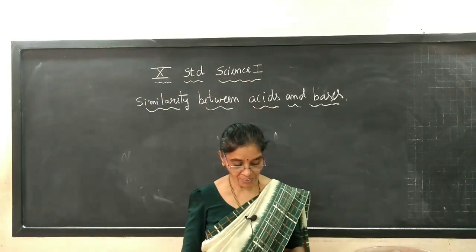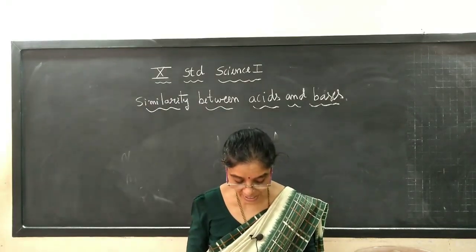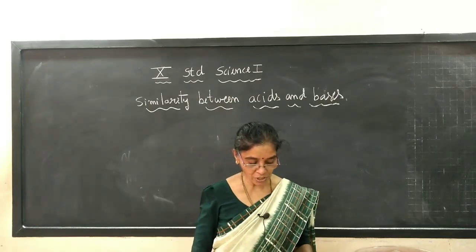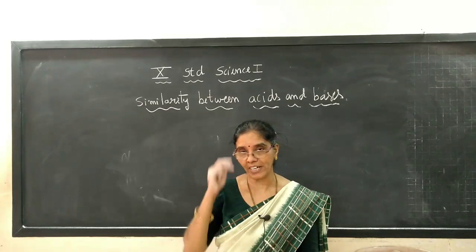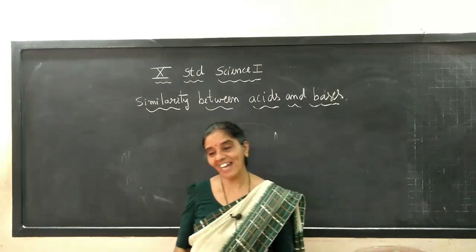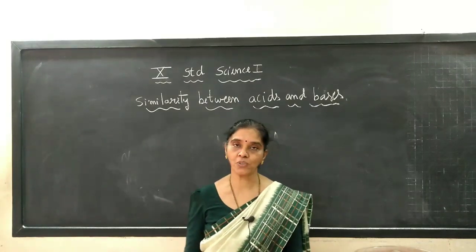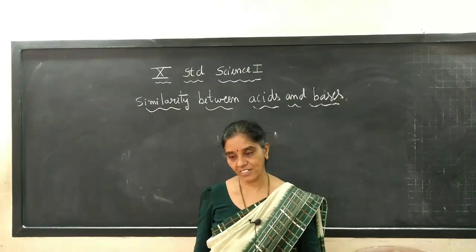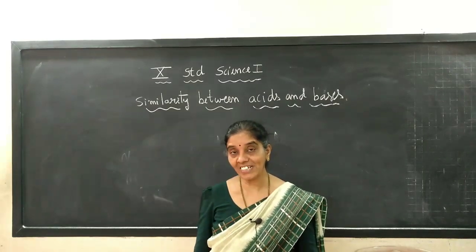Fifth one: how is the concentration of hydronium ions affected when a solution of an acid is diluted? When you dilute an acid, what you are actually doing is increasing the water in the acid. So, what does it result in?